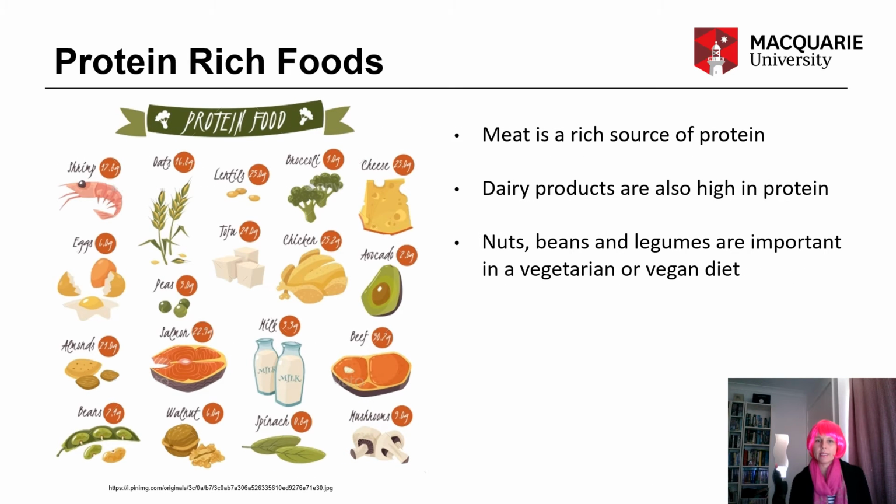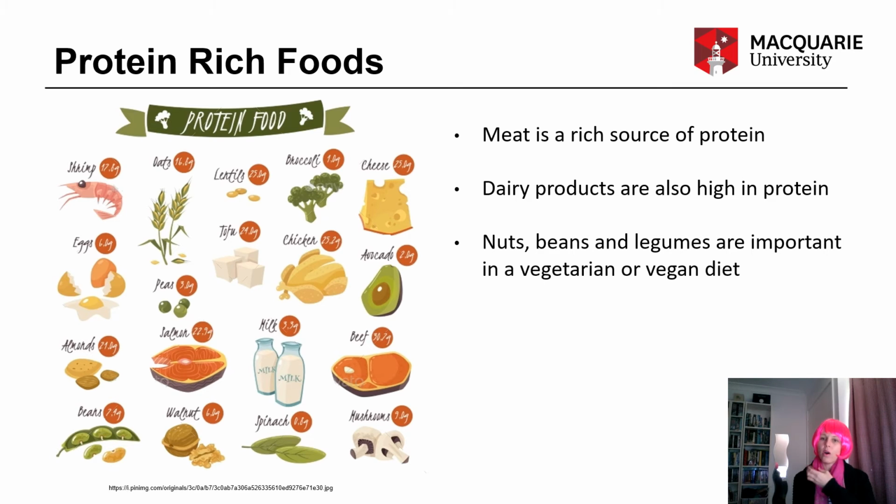So where do we access our proteins from our food? Now this diagram here shows us different foods with their different protein contents. In general, meat is the richest source of protein because it's made up of proteins like we would build and require proteins to maintain meat and muscle in our bodies. So meat is a fantastic source of protein. Dairy is another source high in protein, so milk, cheeses, yogurts are very good for protein.